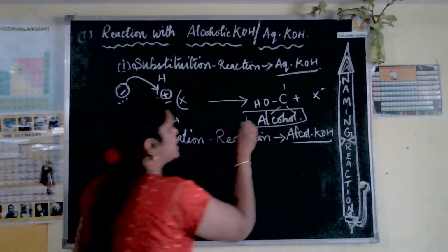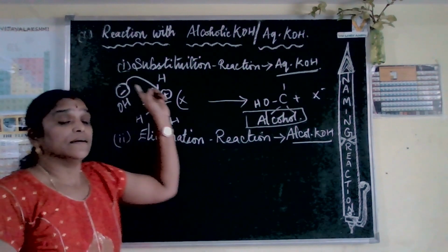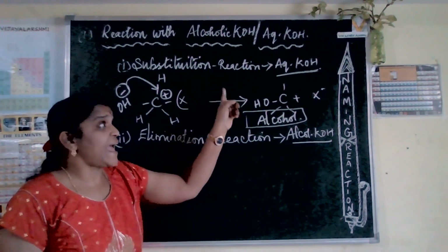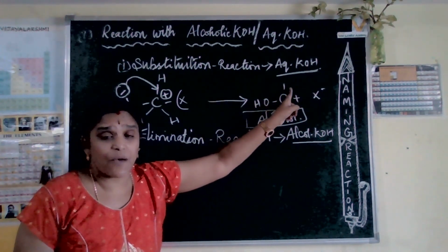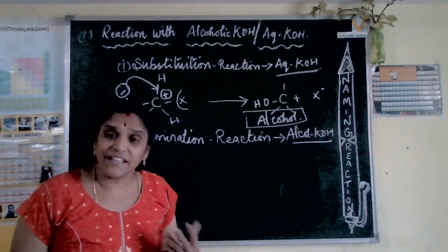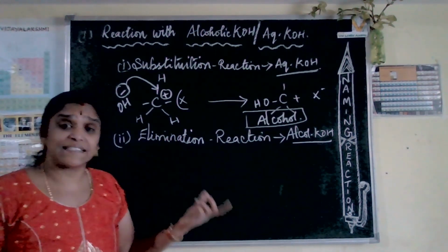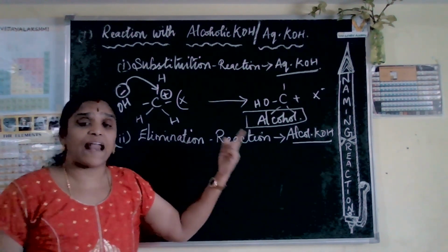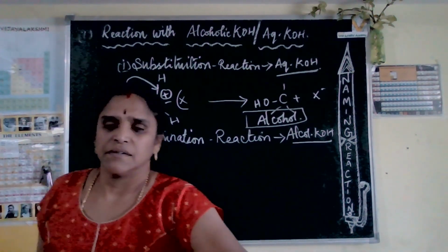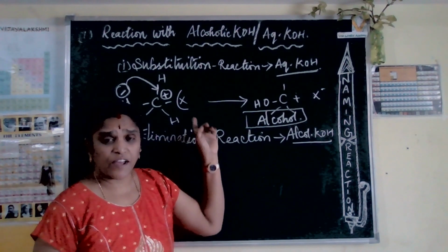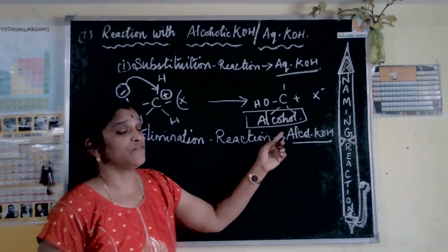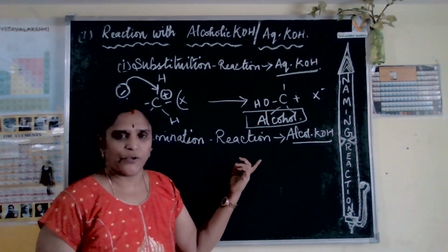When the alkyl halide reacts with aqueous KOH, it completely dissociates and acts as a nucleophile. The nucleophile will attack the positive center, then it forms an alcohol. Yes, you know very well.